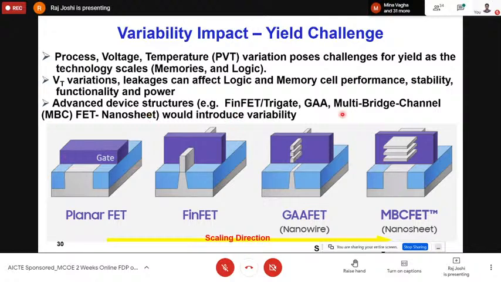Whatever technology you select, there will always be variation: variation in the threshold voltages, in the lengths, in the widths, in the mobility, all kinds of things.